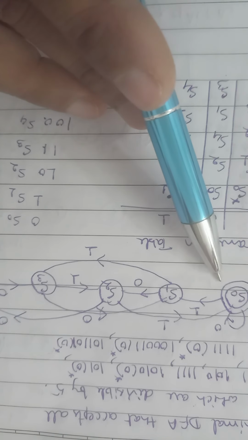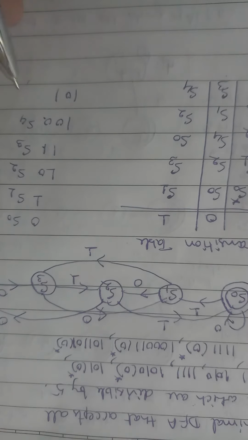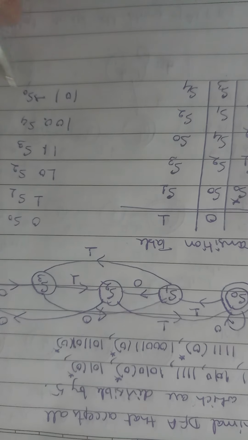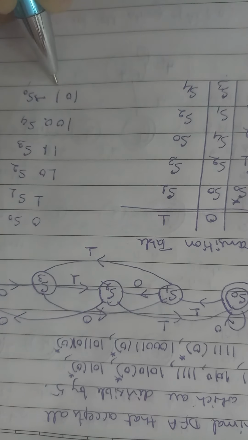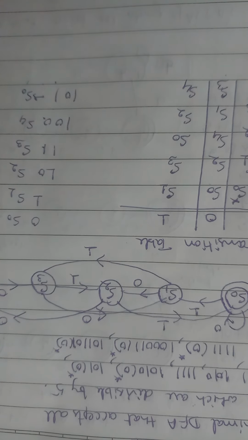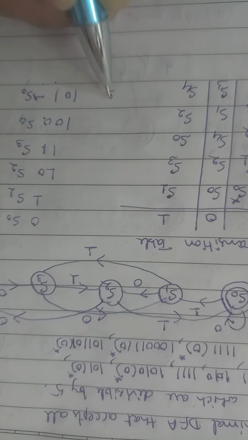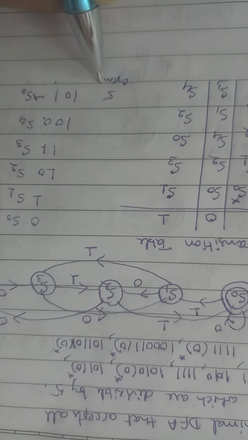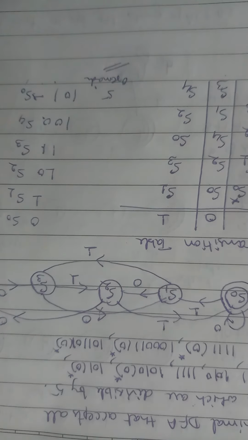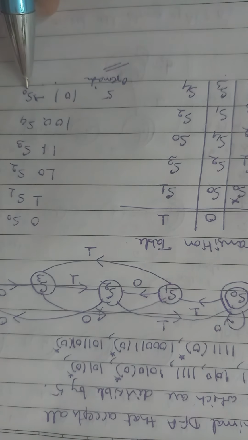Where are we reaching? We are reaching on S0. That means whenever we get 5, or we get 0 remainder, we will reach on S0.